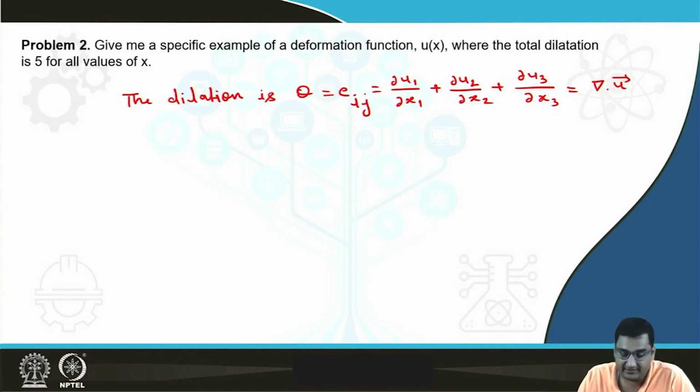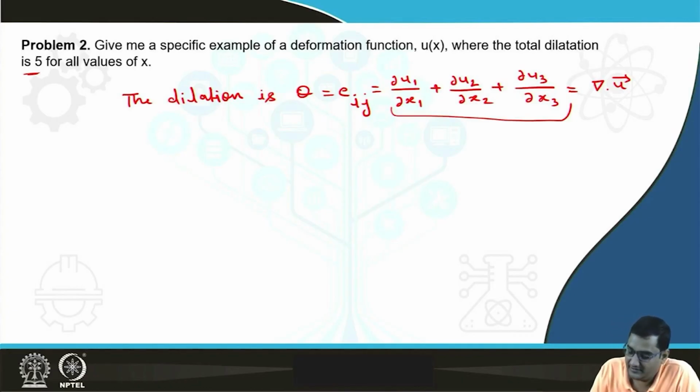So we just need to come up with a function where the derivatives sum up to 5. The sum of all these derivatives should be equal to 5, and that may happen for plenty of options, and here is one of the options.